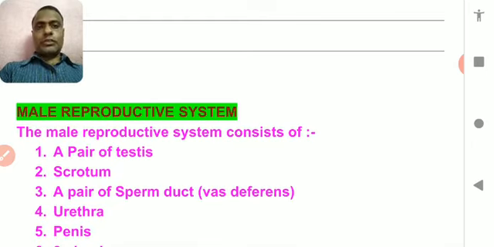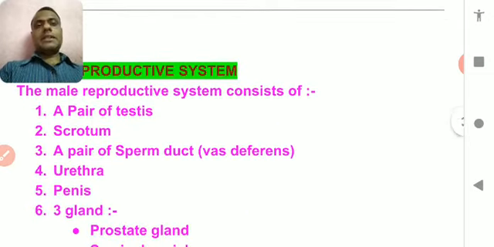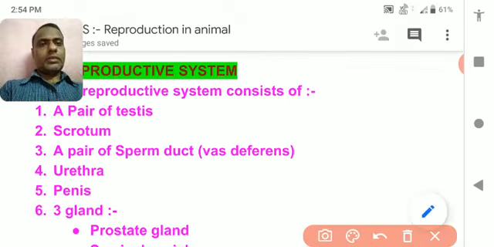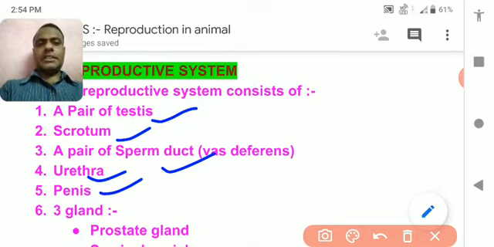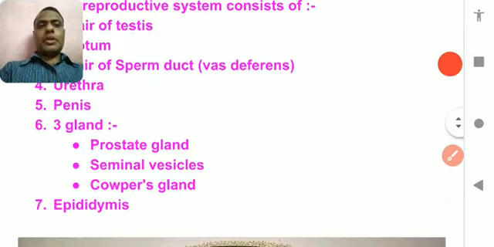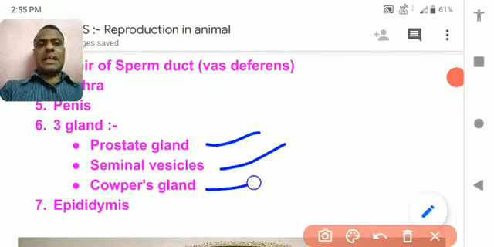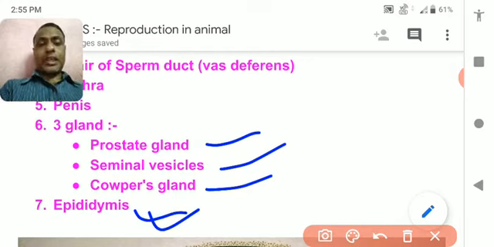First of all, we should know what the different parts of the male reproductive system are. The names are given over here very clearly, number-wise: a pair of testes, scrotum, a pair of sperm ducts, urethra, penis, three different glands, that is prostate gland, seminal vesicles and Cowper's gland, and after all, epididymis. I'd like to show you all the important topics.